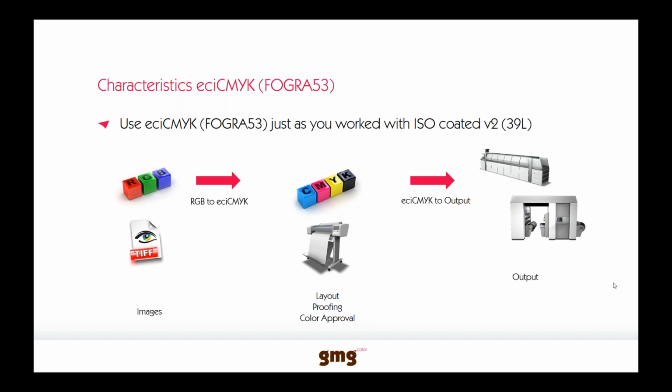Just for that use case, FOGRA53 has been developed. So before you go to the print, there's always a device link converting from FOGRA53 into your printing condition. Okay, so no new press curve needed, nothing. I hope this is clear.